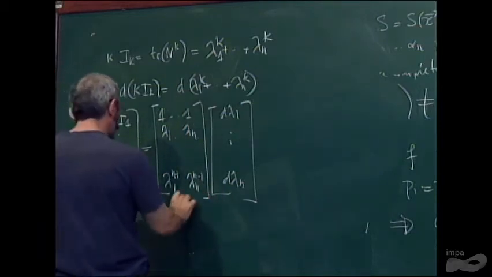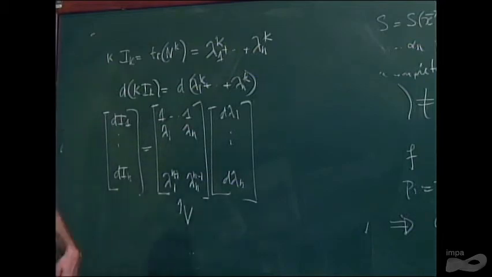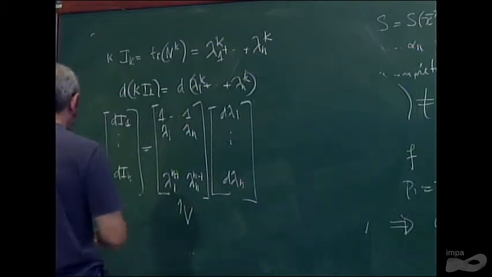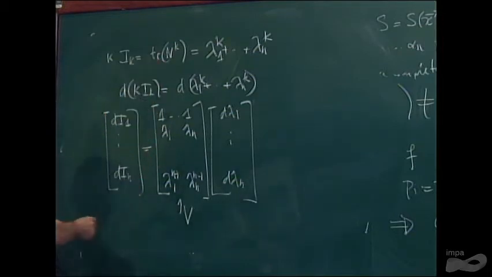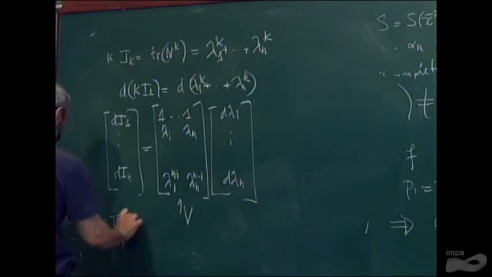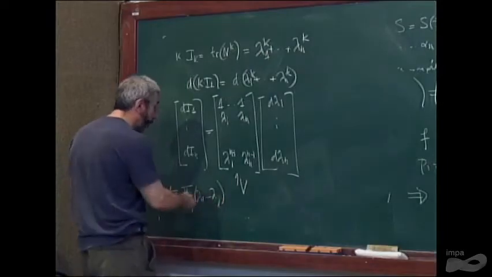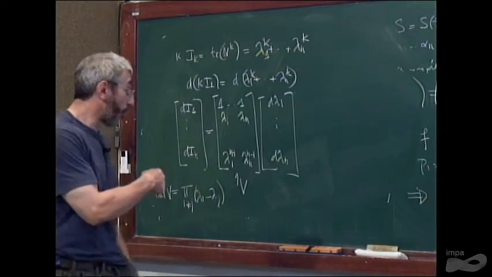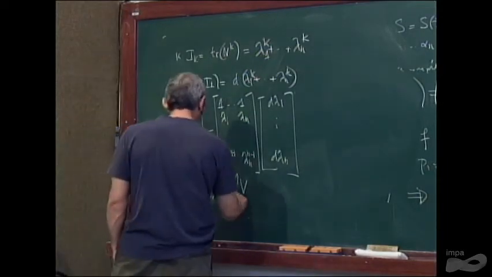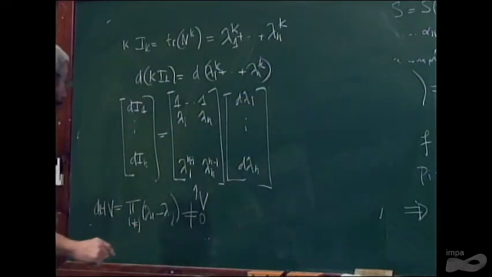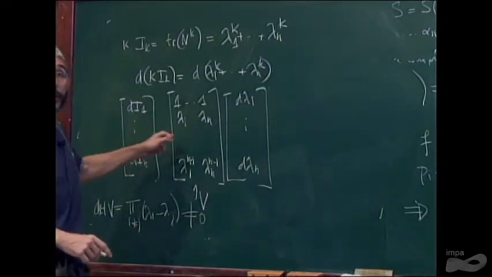So this matrix here is the Vandermonde matrix. On the locus where we are working, the determinant of V is equal to the product of the differences of the eigenvalues, and where we are working, the determinant is not equal to 0. This means that we can invert this relation.